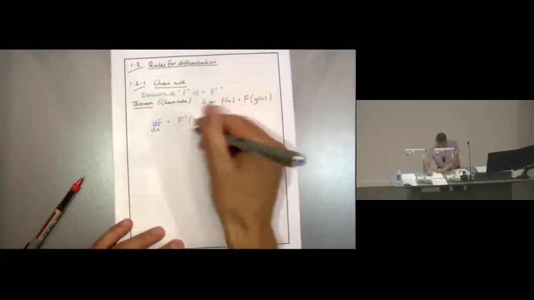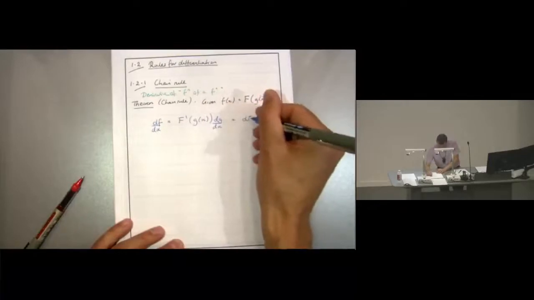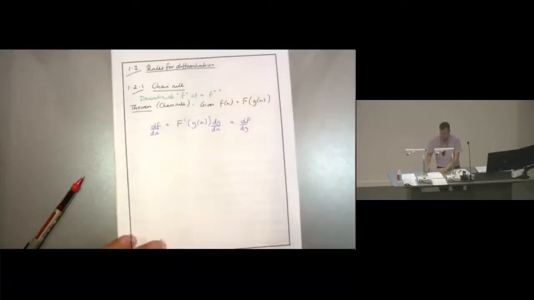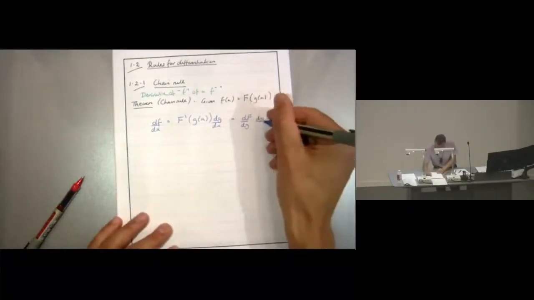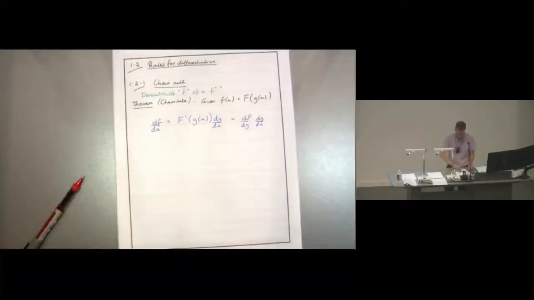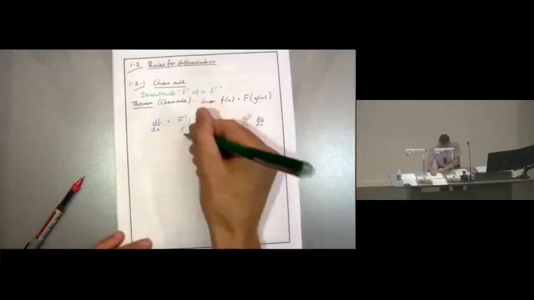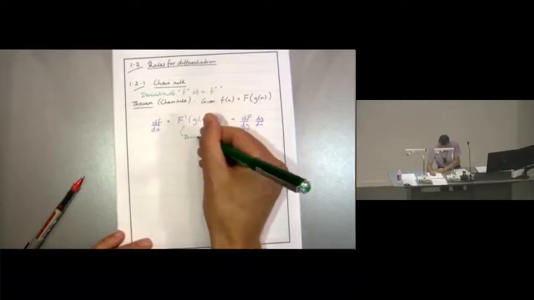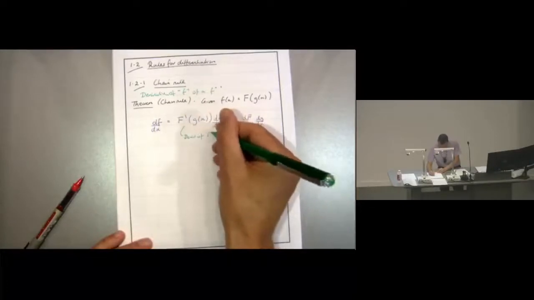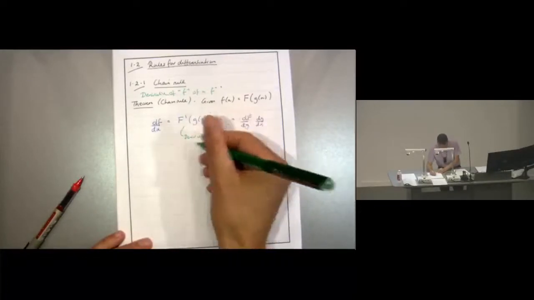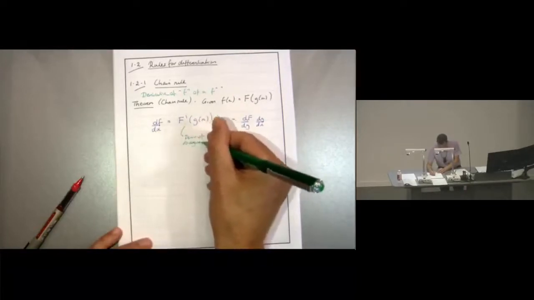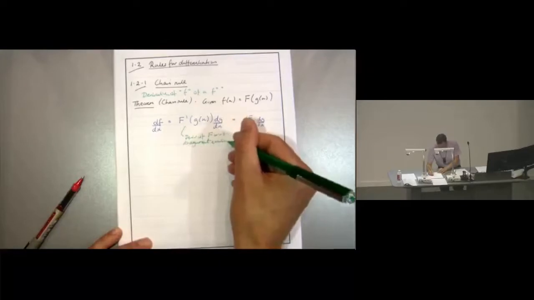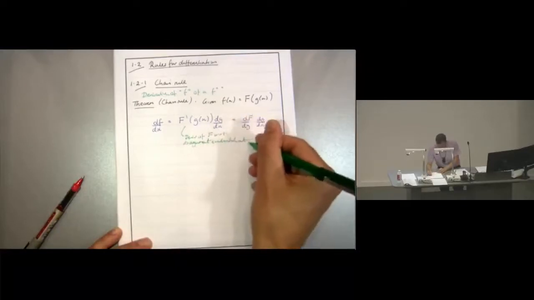And this first term is sometimes written, you can think of that as kind of being df dg, so the derivative of f with respect to its argument, and then evaluated at g, times dg dx. So this term here is the derivative of f with respect to its argument evaluated at g of x.